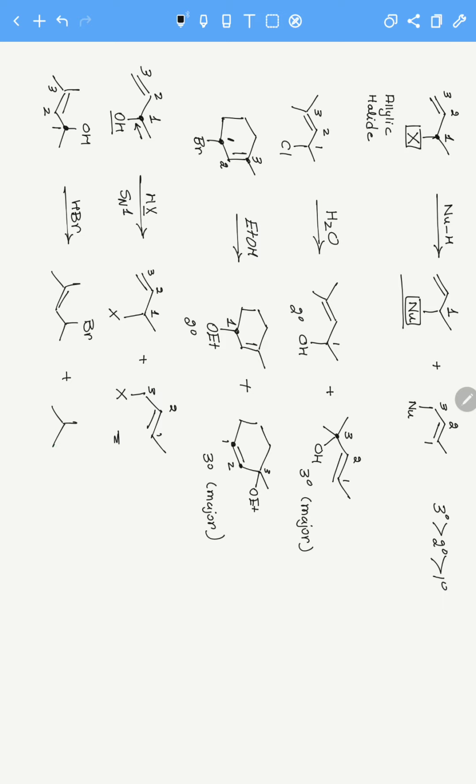So my double bond should move to be between 1 and 2, and then Br will be at position 3. And this is how we draw the product. Again, the major product follows the same rule, which is tertiary, secondary, primary. So this is secondary, this is tertiary, so this should be the major product.